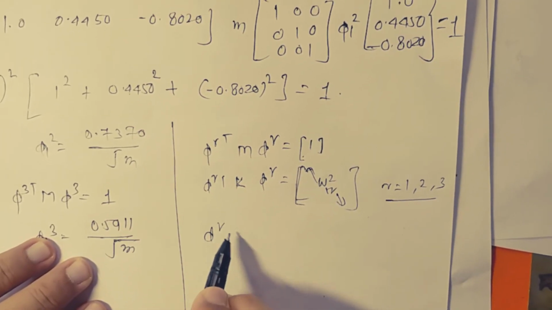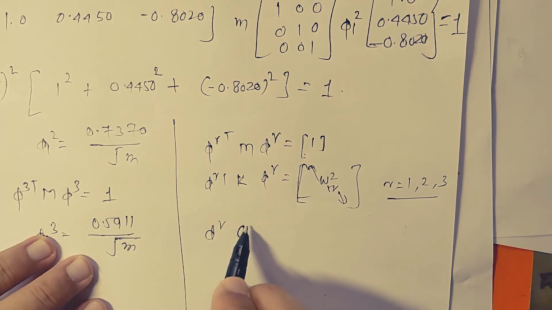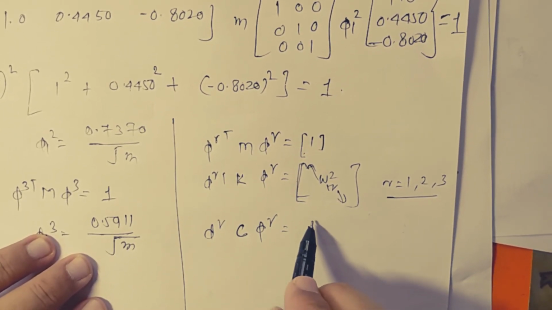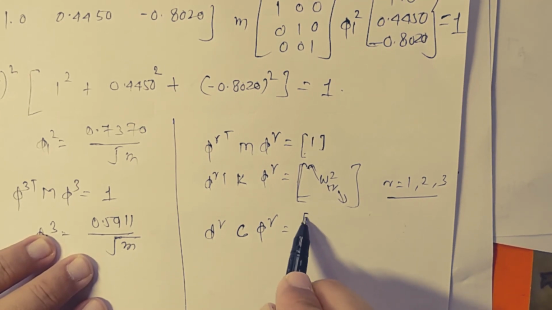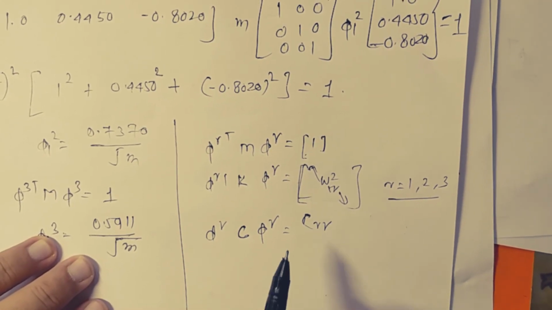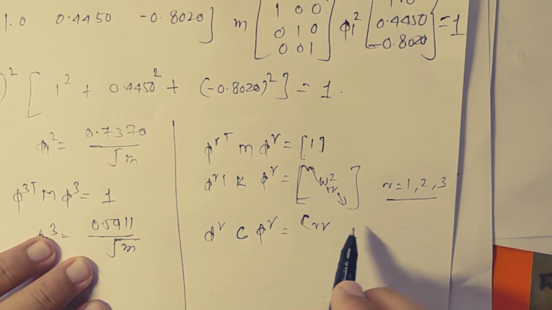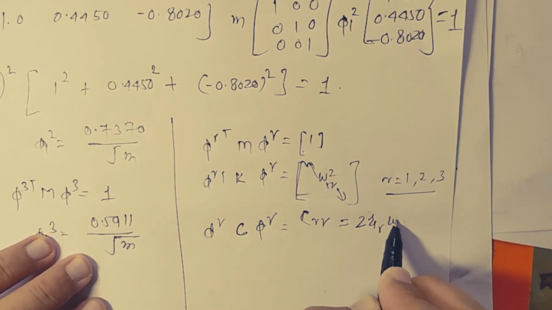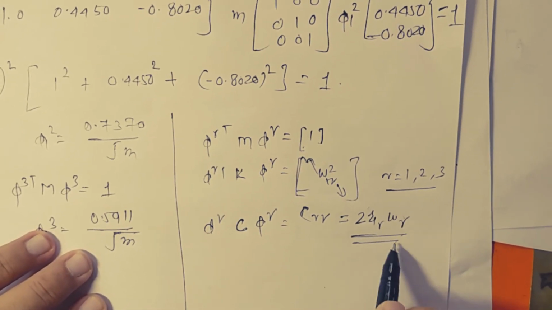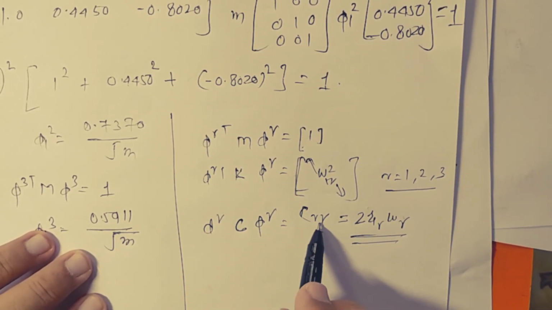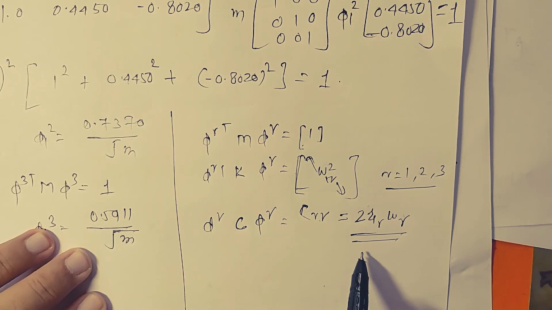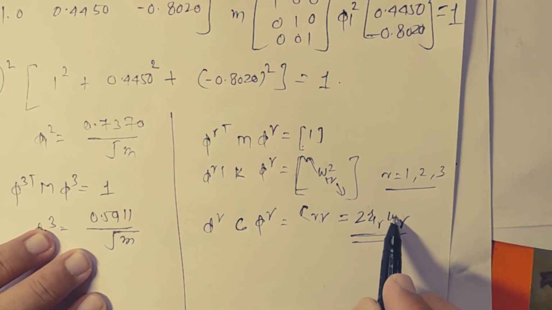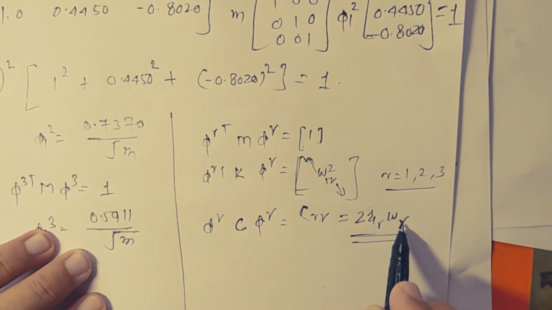And phi r transpose c phi r equals C rr, obviously a diagonal matrix, and this C rr is equal to 2 zeta r omega r. So we'll get C11, C22, C33. Here zeta r is the damping ratio and omega r is the natural frequency of the rth mode.